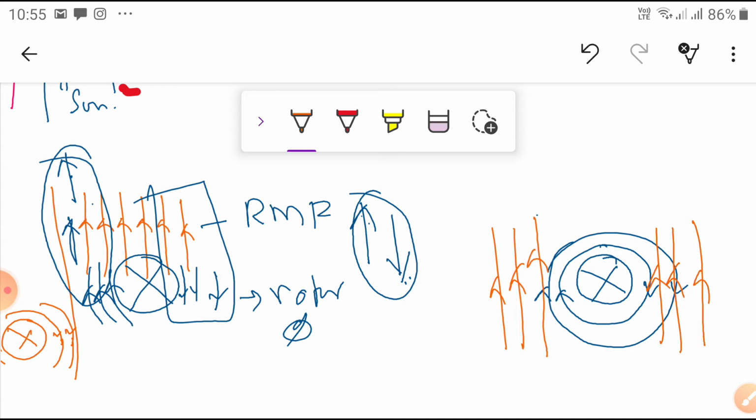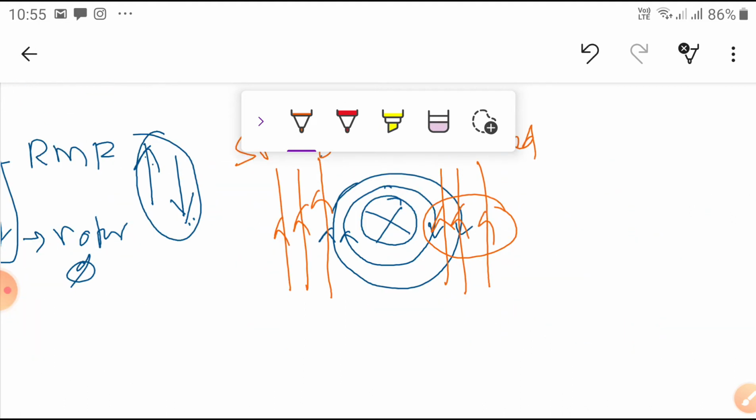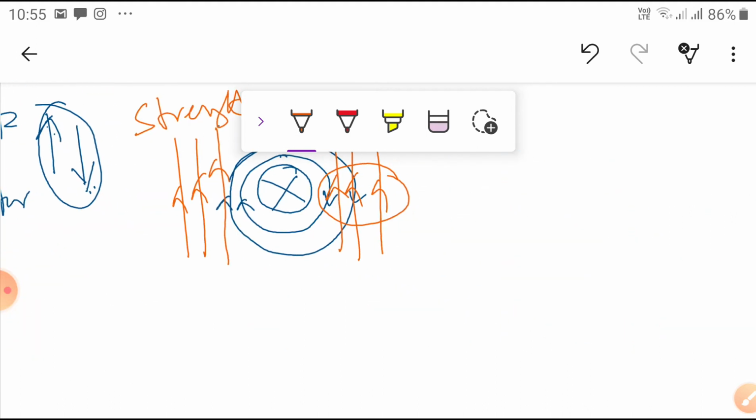So here the flux is in the opposite direction, weak, and here it is strengthened. Then what happens? Due to this, the conductor, with the strong magnetic field, tries to move in this direction.